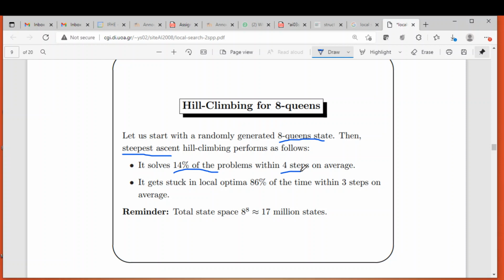The remaining 86 percent of the time, the algorithm will get stuck at a local maximum, and whenever it gets stuck, on average it needs 3 steps. This is an observation on the 8 queen problem using the steepest ascent hill climbing algorithm.